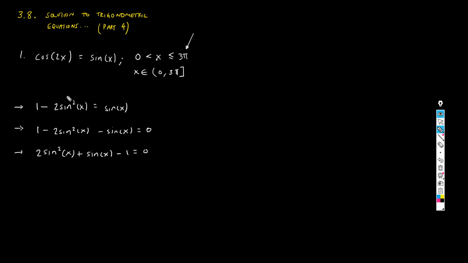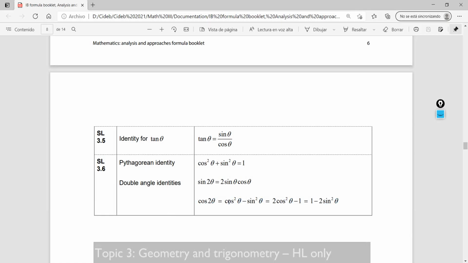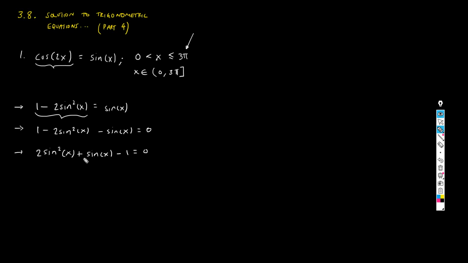Okay, so by using this special identity, guys, I can come up with this equation. By using any of the others, for example, the one in the middle, the third one, you're not gonna be able to come to something like this, which is a quadratic equation in sine of x.